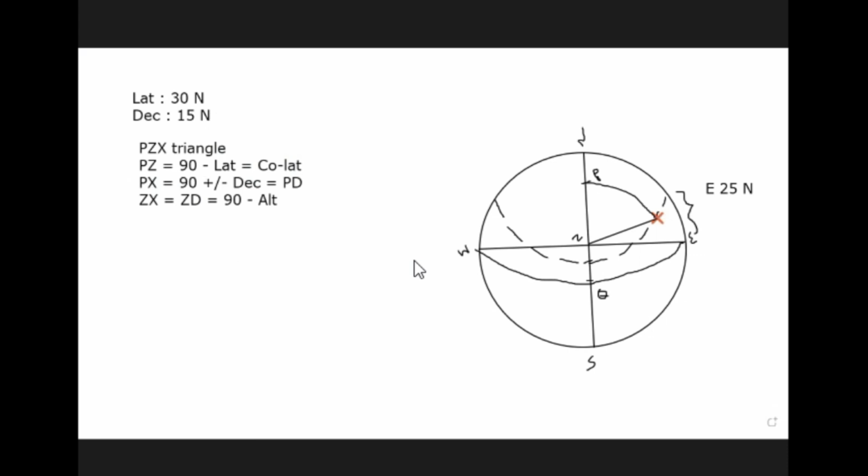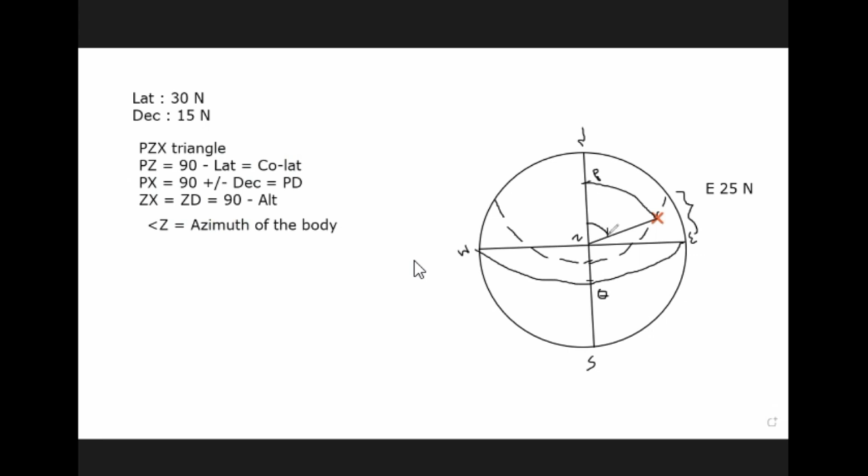So now we come to angle Z. We can say angle Z is equal to the azimuth of the body. By definition, any bearing you're taking from 90 degree.